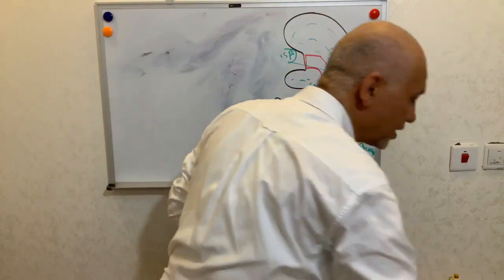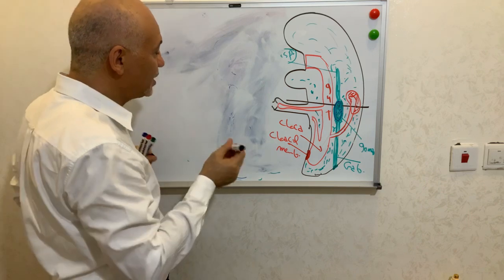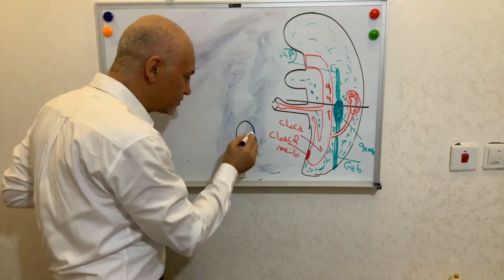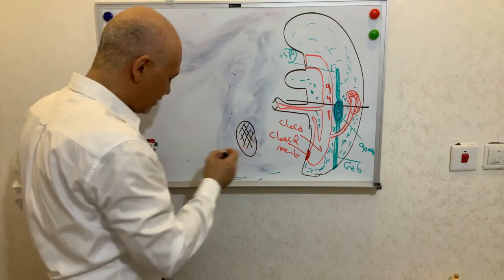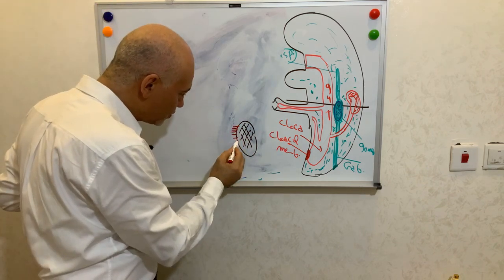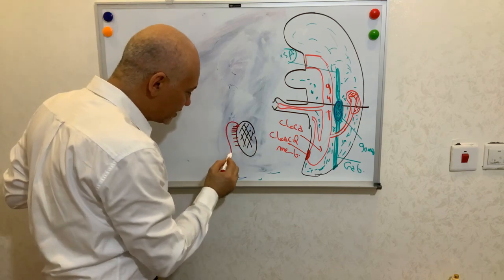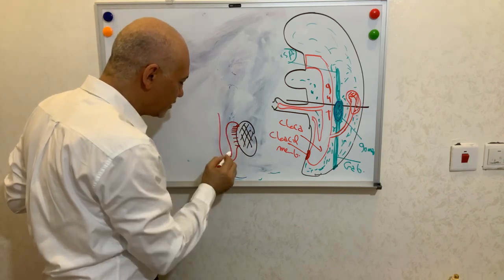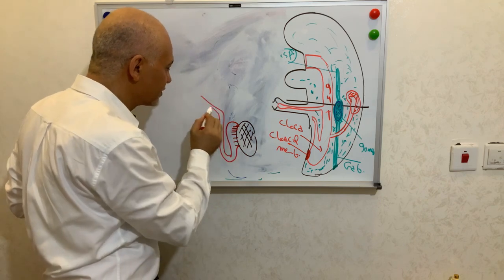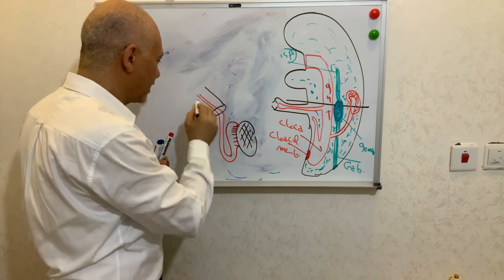Anatomy of the male duct. What are the male ducts? We mean by male duct, this is the testis. From the testis, there are tubules called vasa efferentia, then epididymis, then vas deferens. The vas deferens enters the inguinal canal.